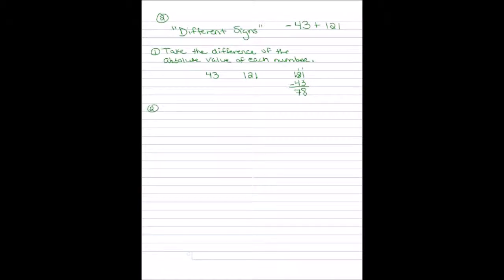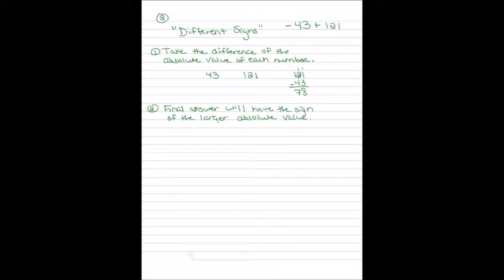Now, the second step says that the final answer will have the sign of the larger absolute value.